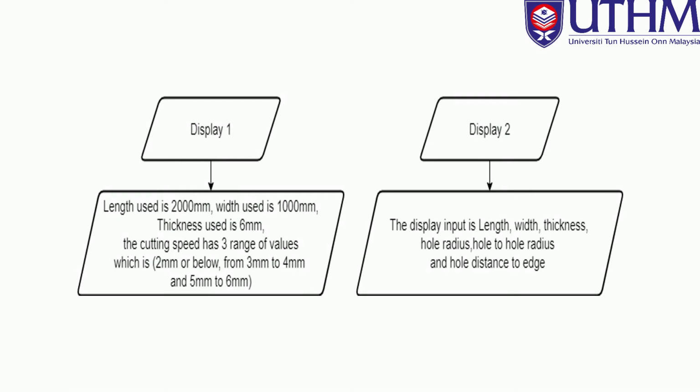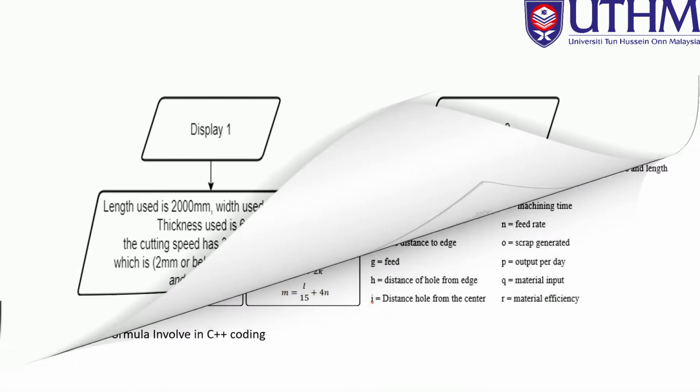Here are the displays used in the main function of the flowchart and also the input-output function of the flowchart. Display 1 is used in the main function and display 2 is used in the input-output function.